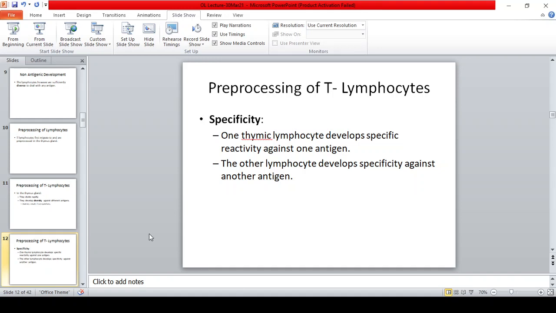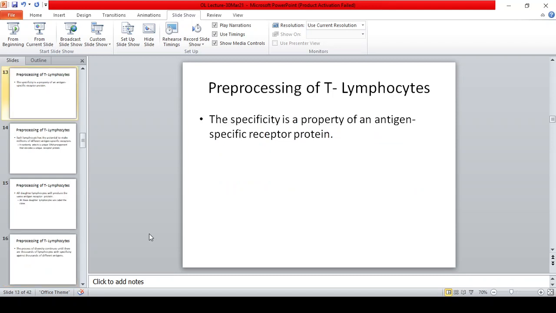Okay, next, as I have already mentioned, this specificity is a property of an antigen-specific receptor protein present in the cell membrane of that lymphocyte.